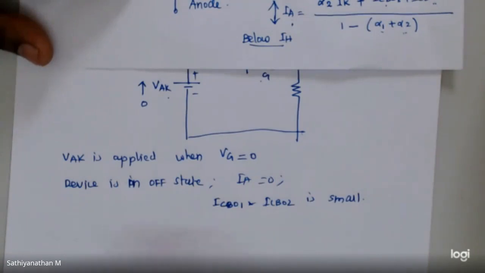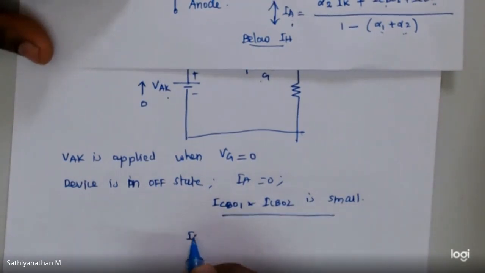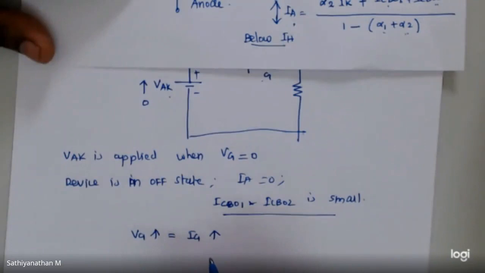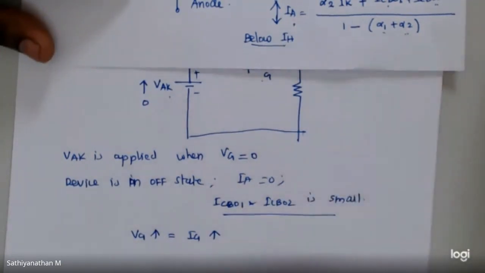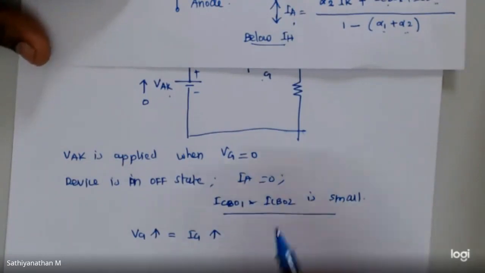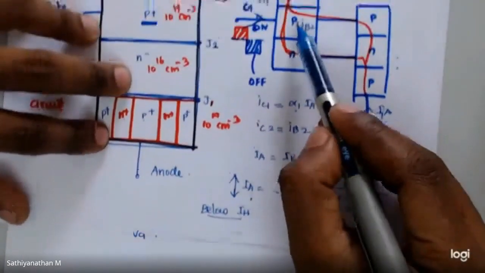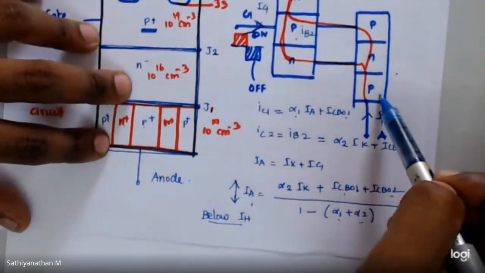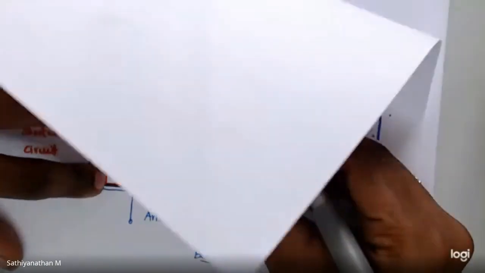During this state, if you apply gate current, if you increase your gate voltage, your gate current will increase, and that will influence your gain. So the gain of this transistor and this transistor is influenced by this gate.